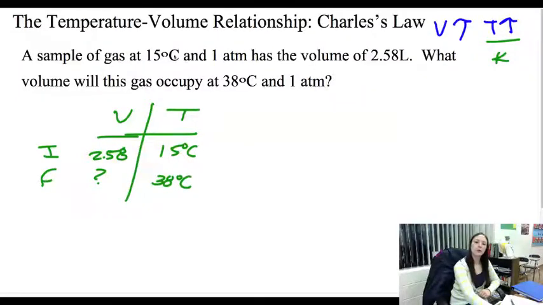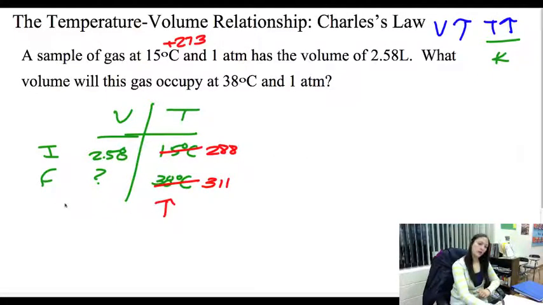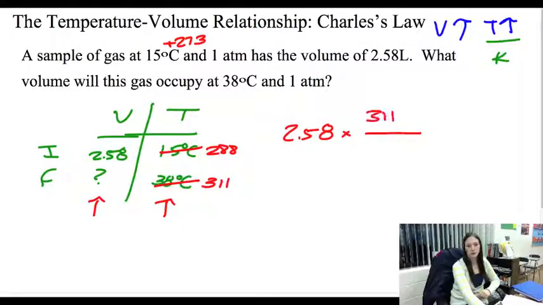To go from degrees Celsius to Kelvin, you add 273. So that's going to be 288 and 311. My temperature went up, which means my volume needs to go up. So I multiply with my ratio to make my number bigger. I put the 311 on top, the 288 on the bottom, and we get 2.79 liters.